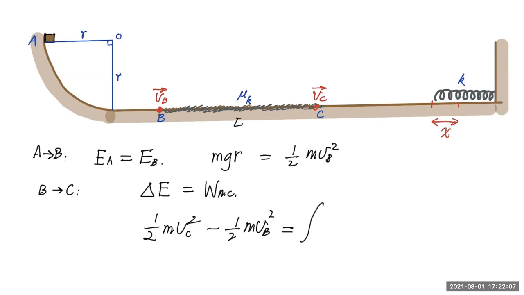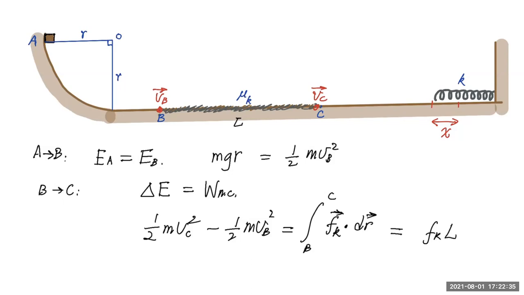And that is, from B to C, the work of kinetic friction, Fk dot dr. Now Fk is a constant. It doesn't change between B and C. So I can then rewrite this as just Fk, the magnitude, times the displacement L. Okay, Fk is along the direction of the displacement L, except it's the opposite direction of motion.